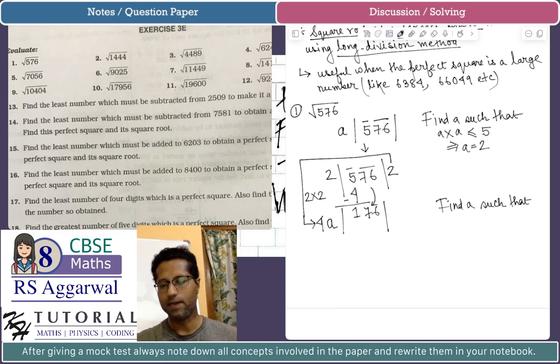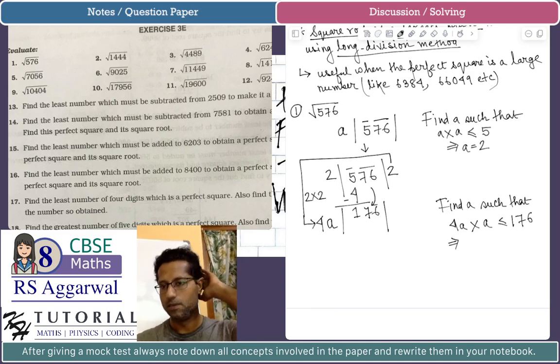So we make the divisor 4A, such that 4A multiplied by A is less than or equal to the current dividend, 176. Find the largest such A. What can this A be? You have to figure it out by doing some mental calculation.